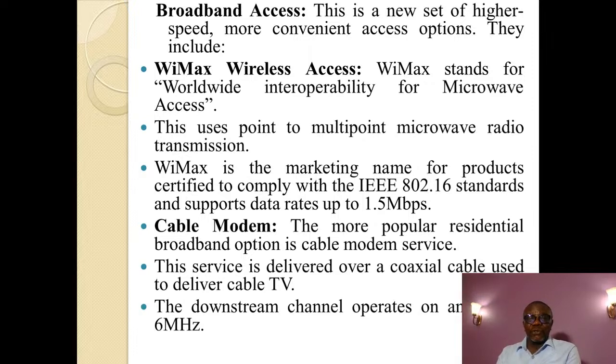You also have what you call the cable modem. The more popular residential broadband option is cable modem services. This is not very much in use in Nigeria, but for people that enjoy Starlink internet services, it could be something like that.